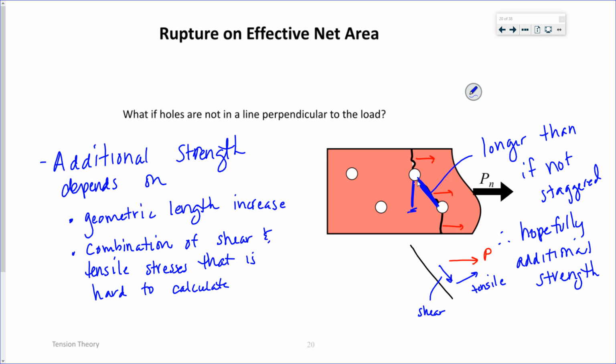But just to let you know that that's what happens when there is a staggered hole as opposed to holes that are all lined up. All right, gonna pause right there.